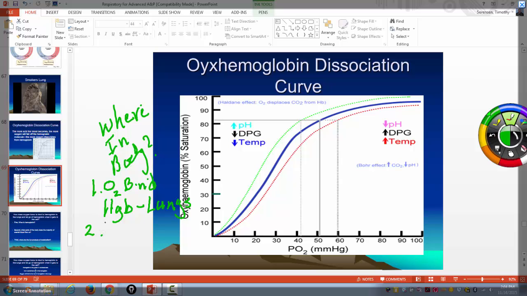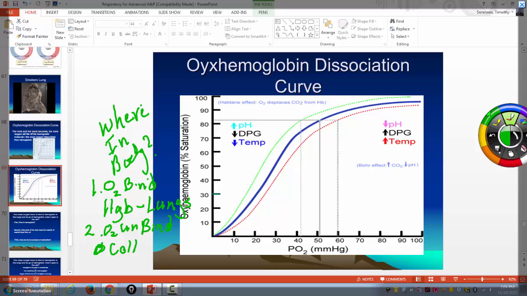You want the oxygen to unbind or dissociate from the iron on hemoglobin at the cell. And it makes perfect sense, right?